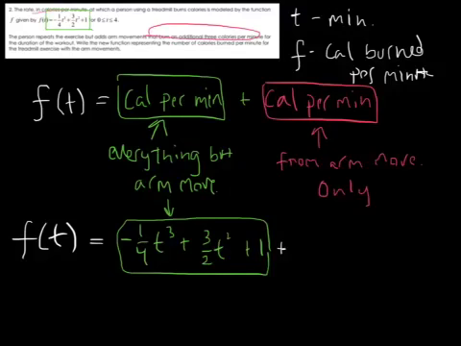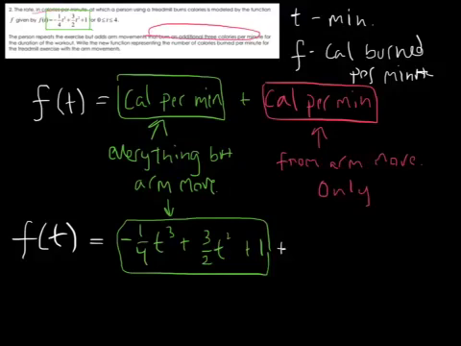The person repeats the exercise but adds arm movements that burn an additional 3 calories per minute. Let's say without the arm movements, you are burning 4 calories per minute at time 1 or whatever it is. If you add in the arm movements, how many calories should you be burning per minute at that time?